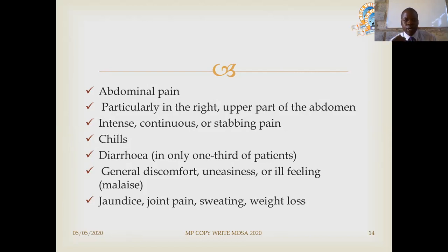Then chills will be there. Diarrhea in only one third of patients. So diarrhea may be present, but in most cases there is no diarrhea. Then general discomfort and ill feeling, what we describe as general malaise because of the illness.